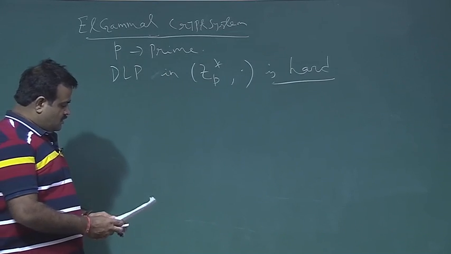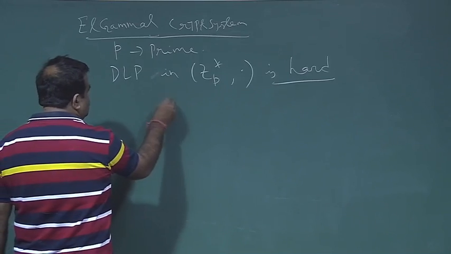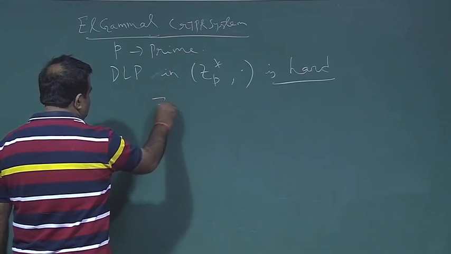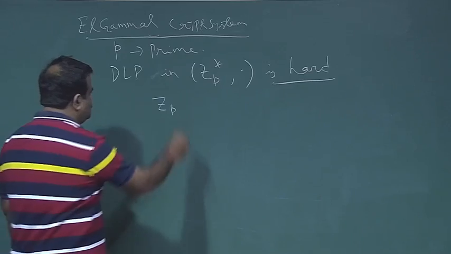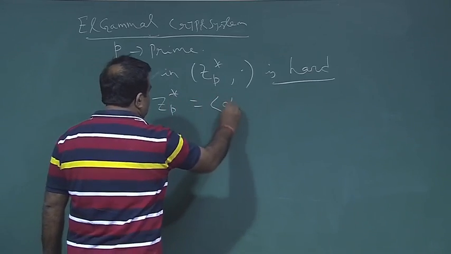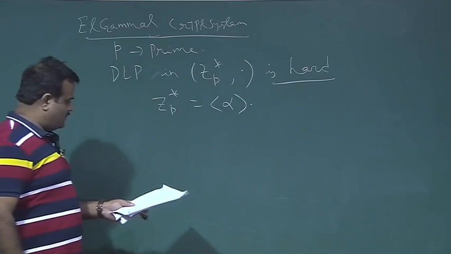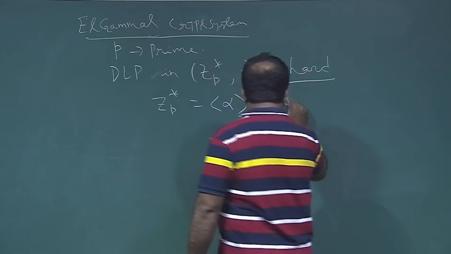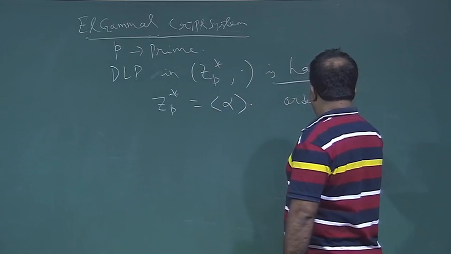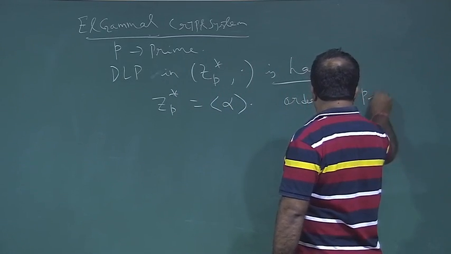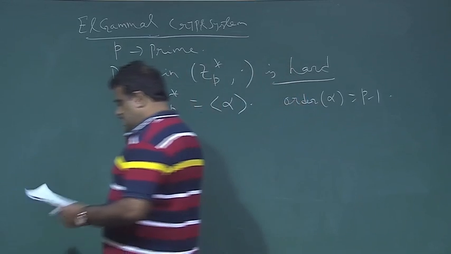Say alpha is a generator, a primitive element generating Z p star, and the order of the group is p minus 1.